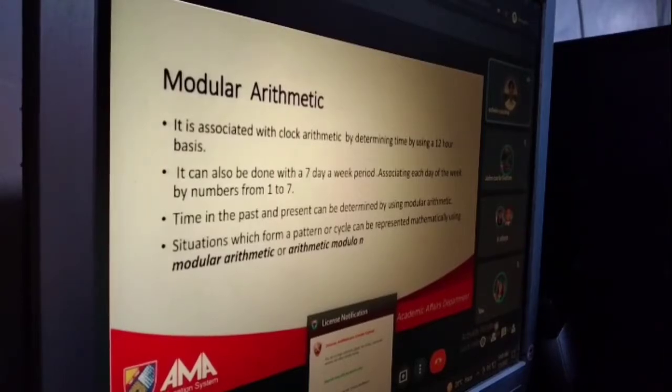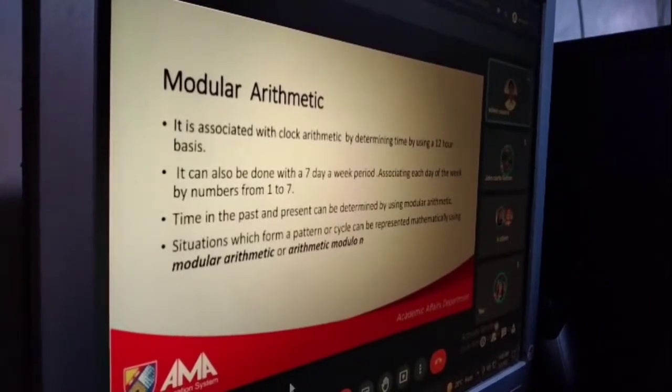Basta may pattern siya, it is a modular arithmetic. Okay, next. Let's start.